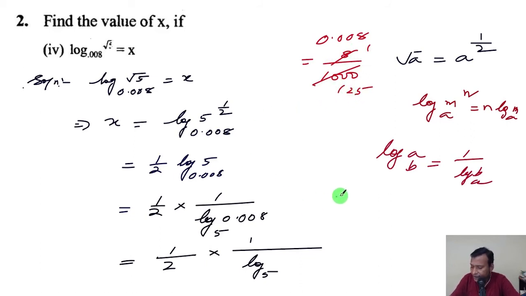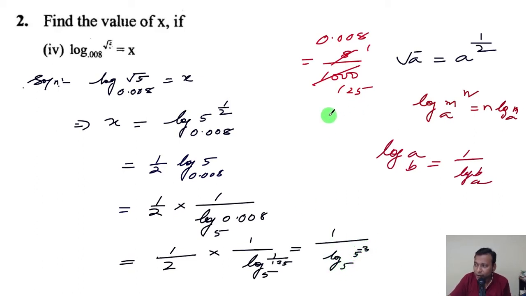So we can write this equal to 1 upon 125. This gives 1 by log 5 and 5 power minus 3.